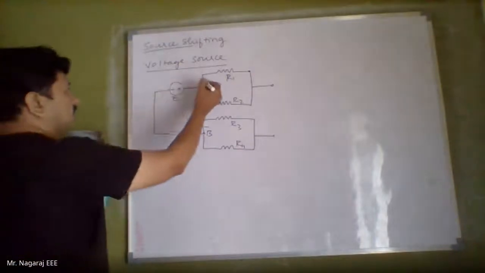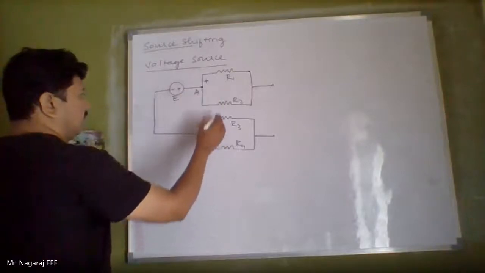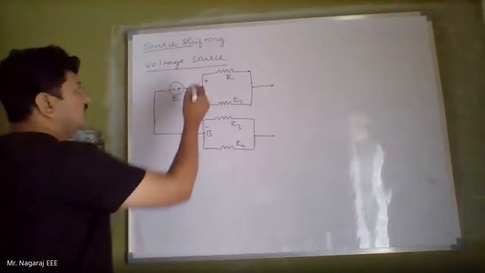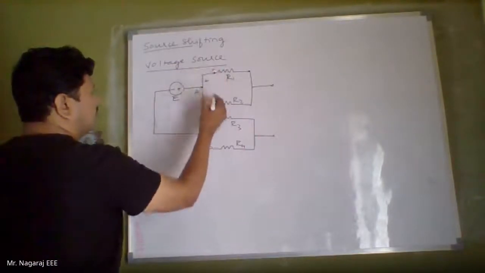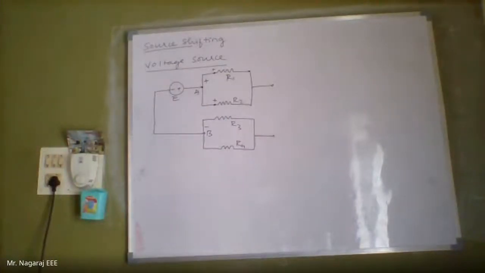R1 is connected to node A, which is at positive polarity. R2 is connected to node A, which is at positive polarity. So these terminals of R1 and R2 are at positive potential.